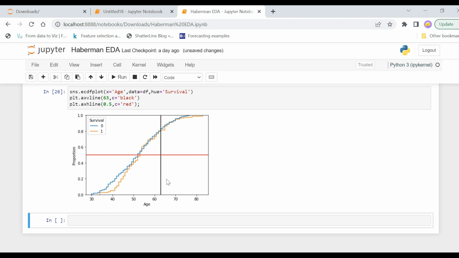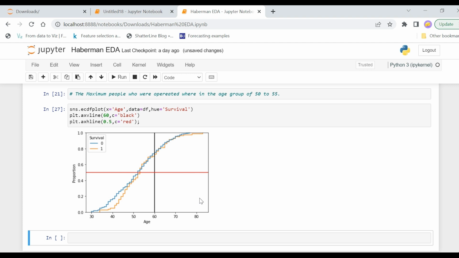Okay, let me do 60. Let me see what 60 gives me. Okay, yes. So you can say that around 70% of the people were of the age 60. This is actually the marker which can help you to locate.